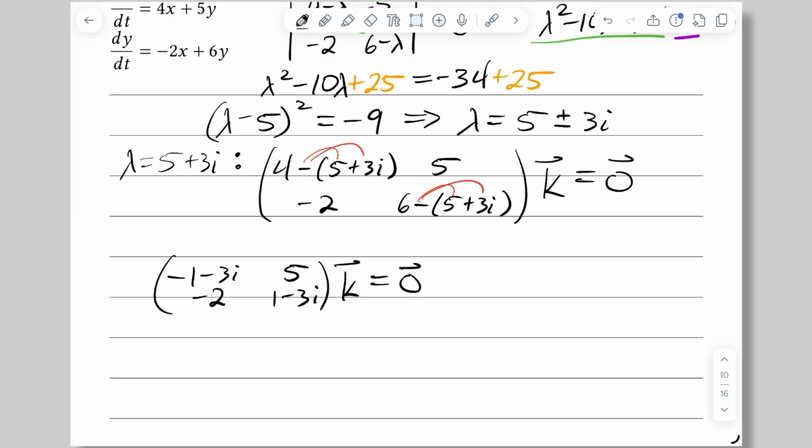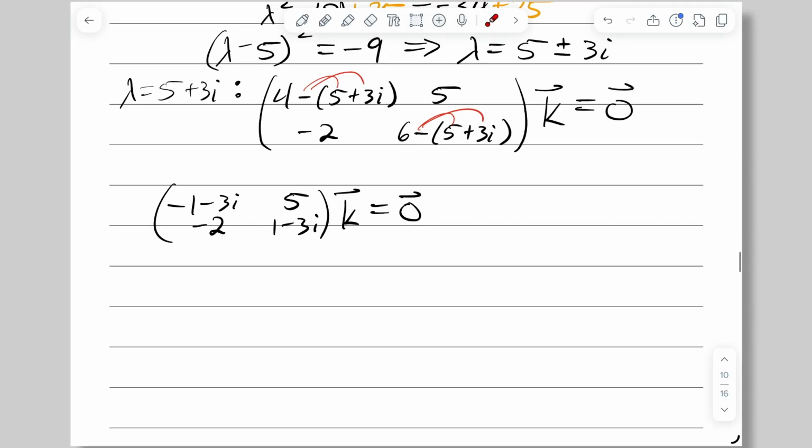And ordinarily what I would do is row reduce, but it gets a little tricky when we've got complex numbers. I mean, tricky isn't really a reason to avoid it, but remember that all this comes about because a determinant is equal to 0, and if we want to check this, we can compute the determinant of the matrix that's multiplying k.